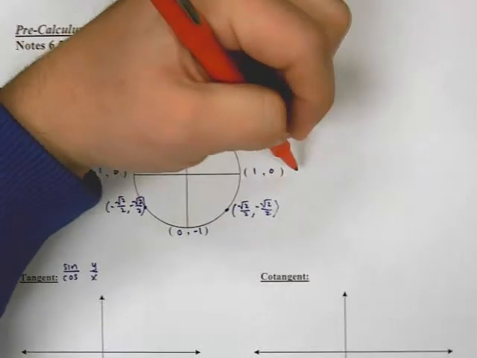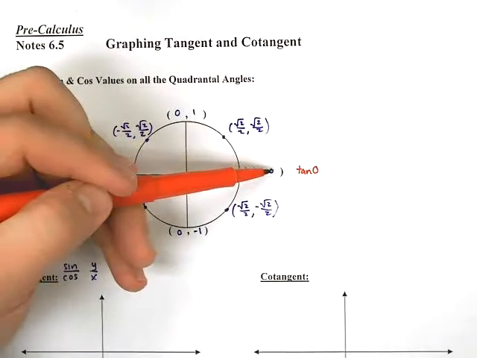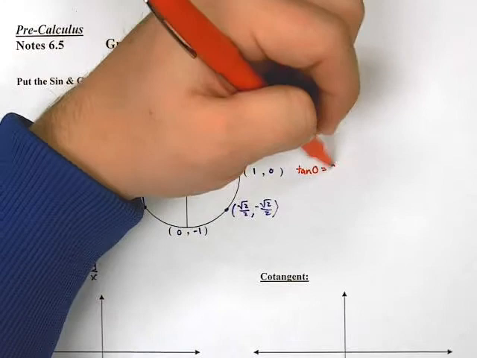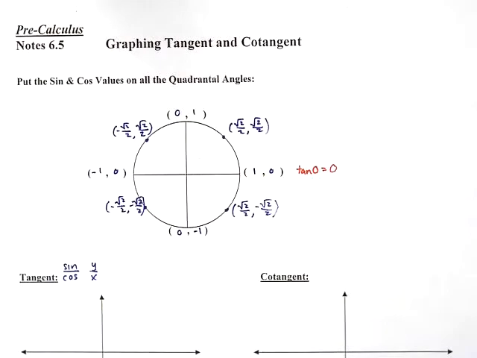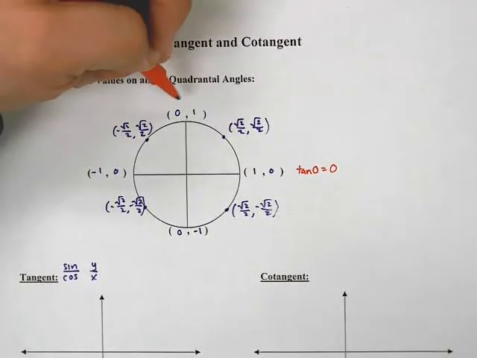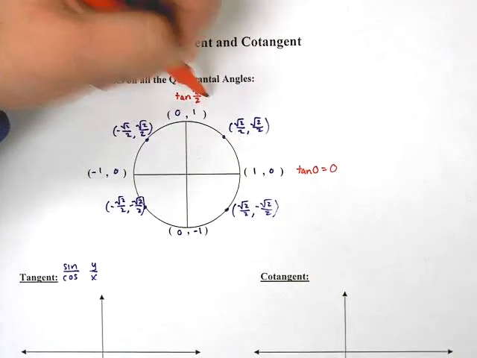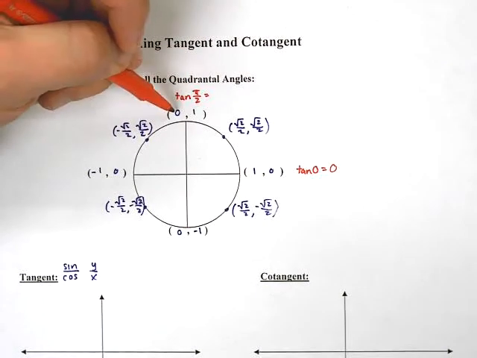So when we take the tangent of 0, well, y over x, 0 over 1. This is just 0. I'm going to go around to the quadrantals first, and then I'll come back to the pi over 4s. How about straight up? Tan of pi over 2. Well, y over x, 1 over 0.